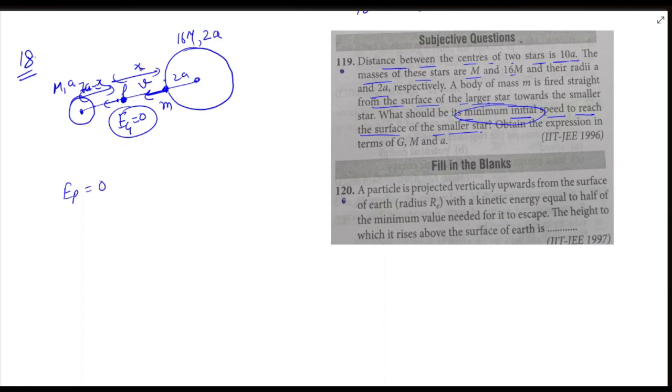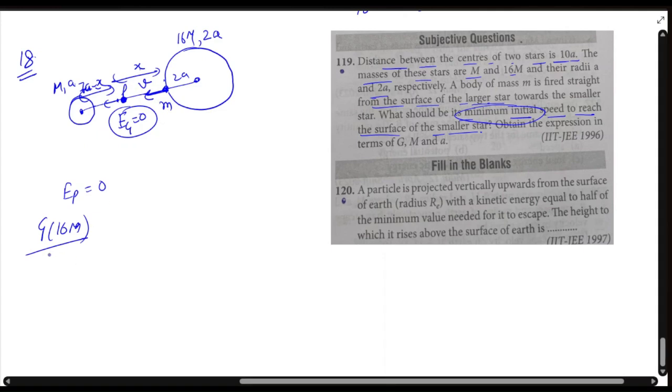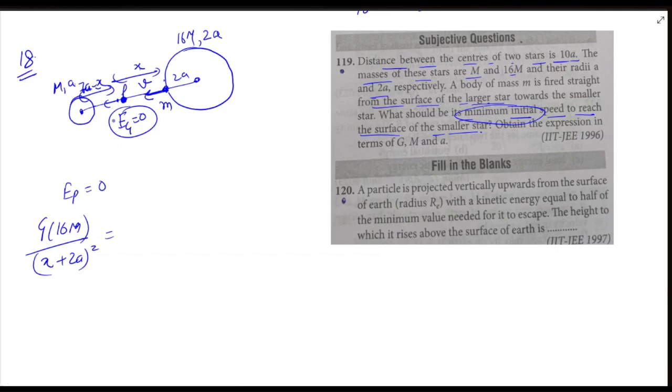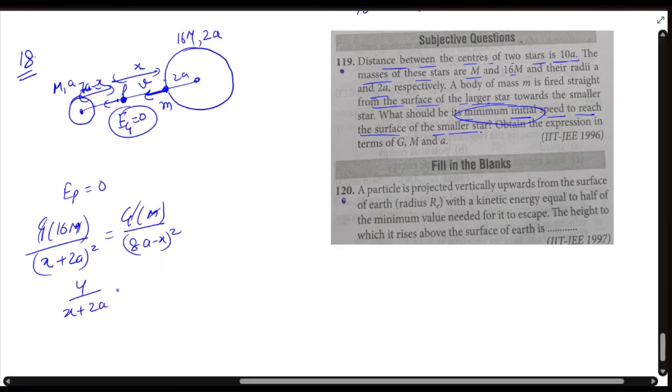Due to this, it will be G into 16m upon x plus 2a, whole square, must be equal to, this is a, this is 7a minus x, so it is 8a minus x, G m upon 8a minus x whole square. So this will get cancelled, and if you take a root, we'll have 4 upon x plus 2a equal to 1 upon 8a minus x.